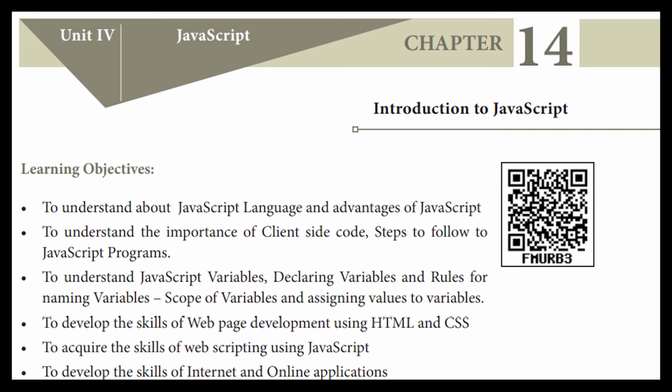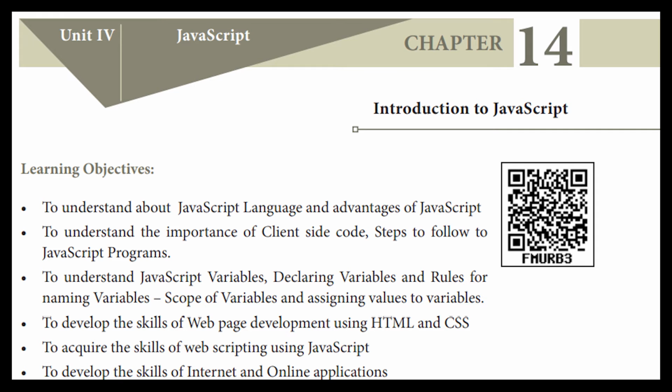A relational operator gives you the relation between two variables. Relational operators are greater than, less than, greater than or equal to, less than or equal to, inequality. These you will be seeing in the relational or comparison operators, and you'll be seeing an example program also using these operators of JavaScript.